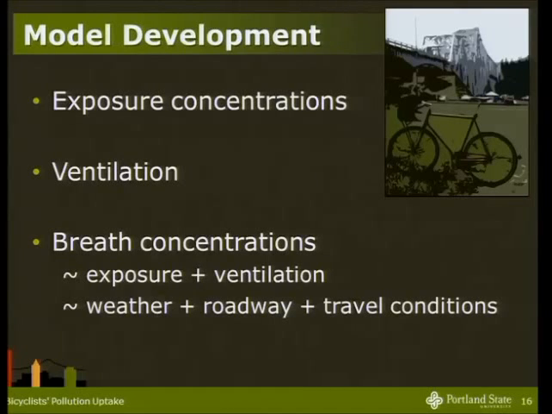First, going one step back, looking at breath concentrations as a function of exposure and ventilation, and then trying to go one step farther backwards, or up the causal pathway, and looking at how breath concentrations are dependent on weather, traffic, and roadway conditions. So weather, traffic, and roadway affect exposure and ventilation, which in turn affect absorbed doses of VOCs. So trying to make that whole connection.